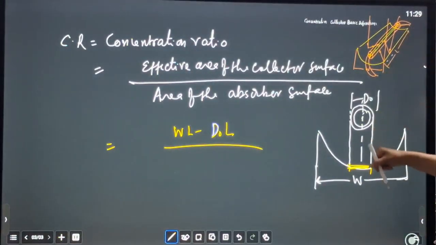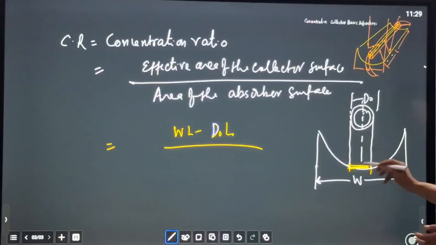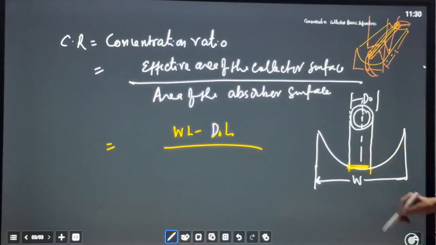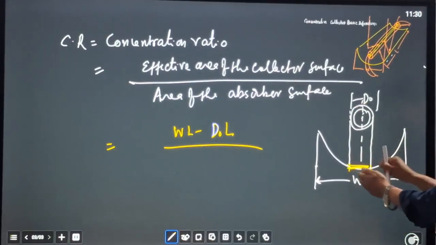When we make a projection on the surface, the total area of the collector will be W into L, the width and length of the cylindrical parabolic, and we subtract D naught into L. D naught L is a strip of area, a shadow area, because the shadow of this tube falls on the collector surface, so direct beam radiation does not reach up to this area.